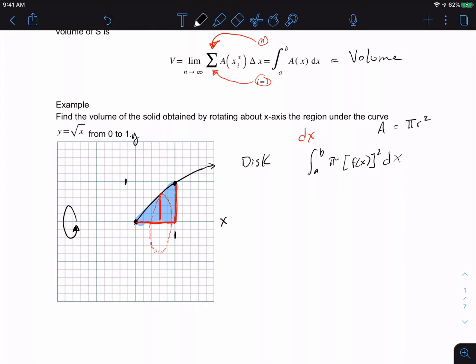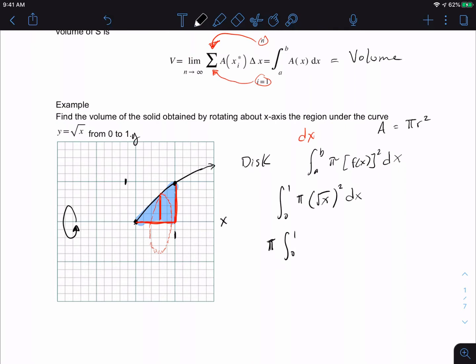That is what the disk method will be, where f of x ends up being the radius. Okay? So in this problem here, what we're going to end up having is the integral from 0 to 1 of pi times the height of the function, which is the f of x, squared dx. So pi is just a constant, so I can bring that out front.